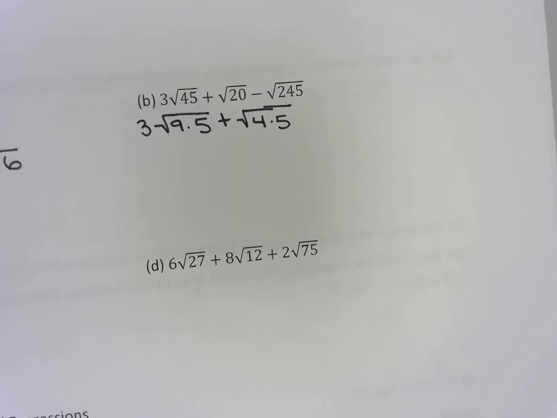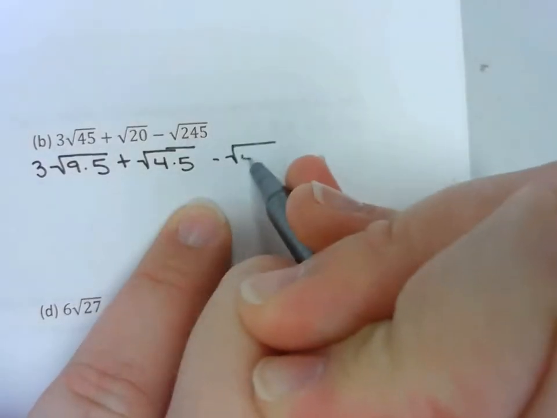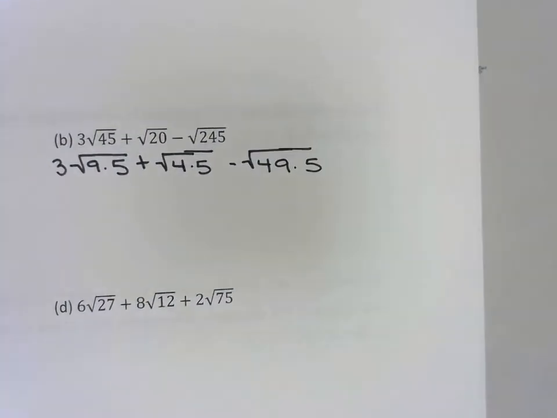Nope. 245 divided by 49. That was a tricky one. So 49 times 5. That was a hard one to figure out. So the biggest perfect square that goes into 245 is 49 times 5.